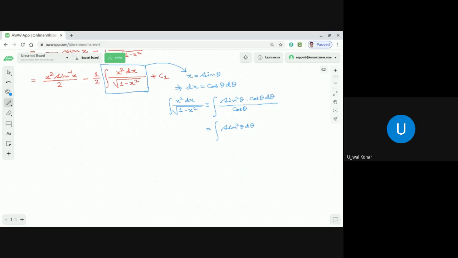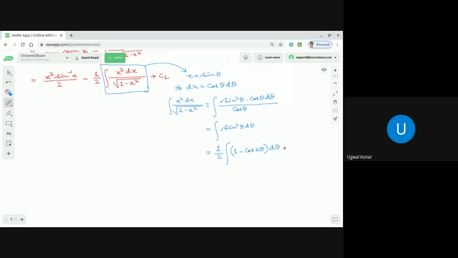If you recall the trigonometric formula, sine square theta is nothing but 1 by 2 into 1 minus cos 2 theta. Correct or not, dear students? That is equal to 1 by 2 integration 1 minus cos 2 theta d theta.